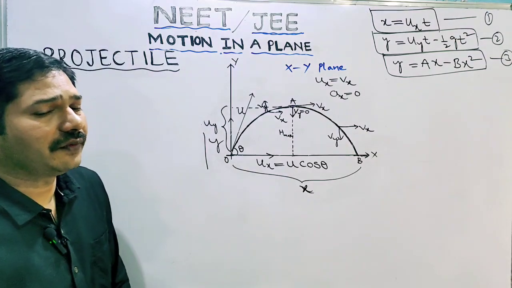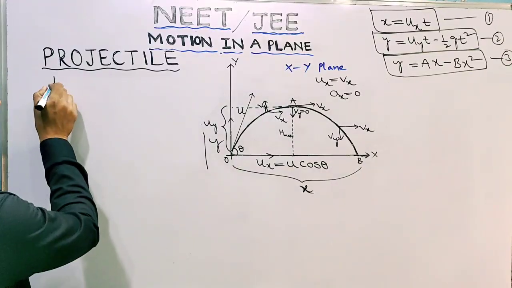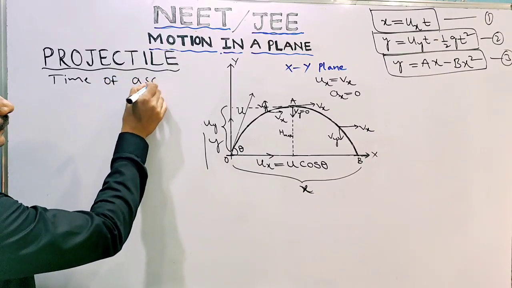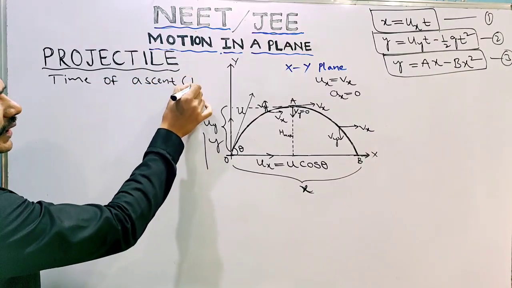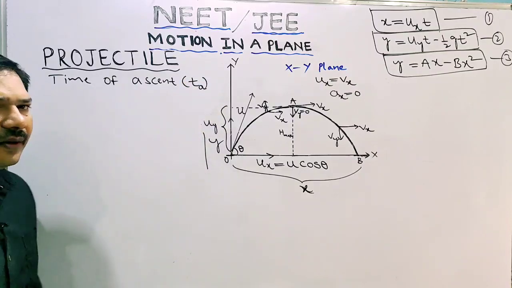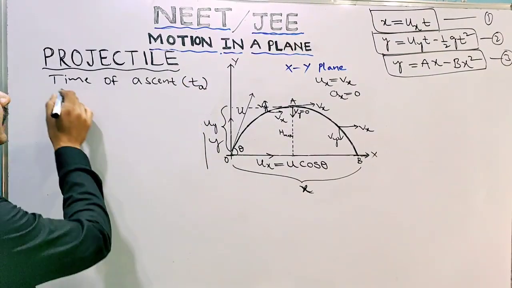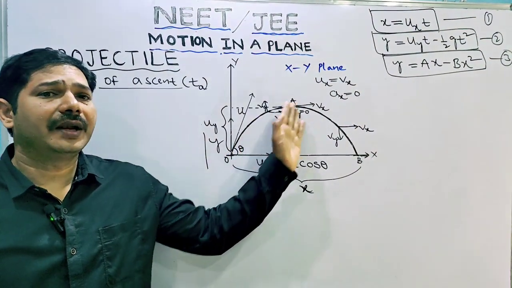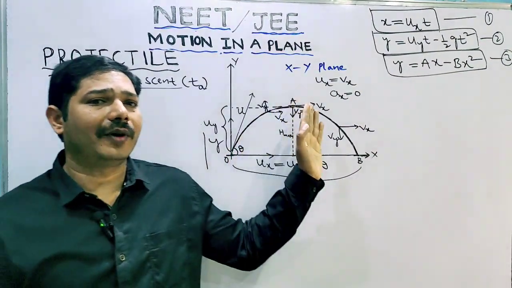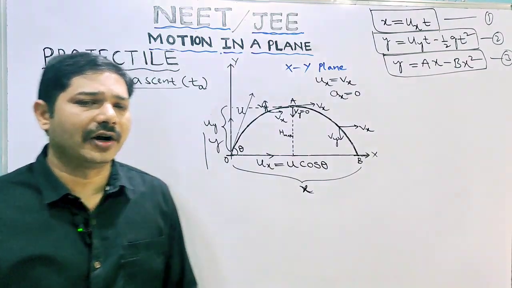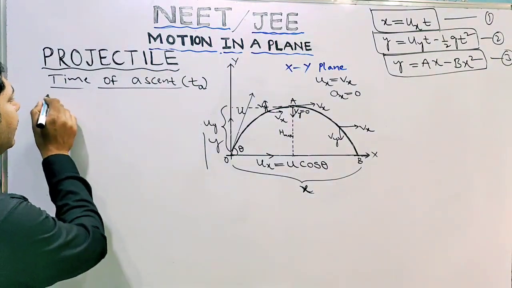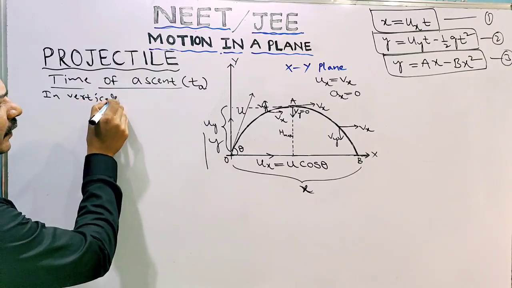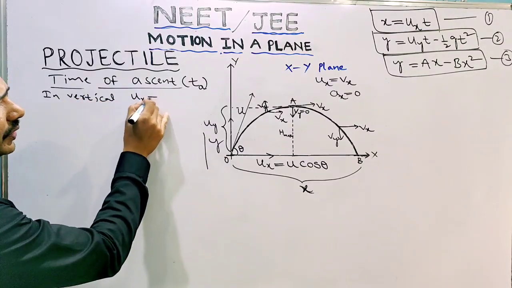First of all, time of ascent. It is denoted by symbol TA. Time of ascent is denoted by symbol what? TA. So we know that in vertical motion the body is going upwards, so we have to take the vertical direction.